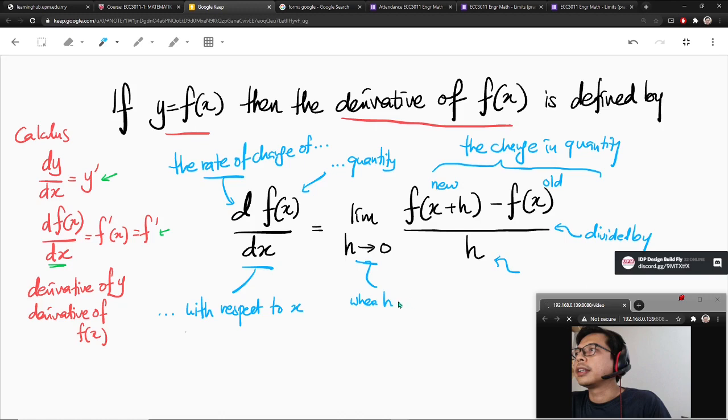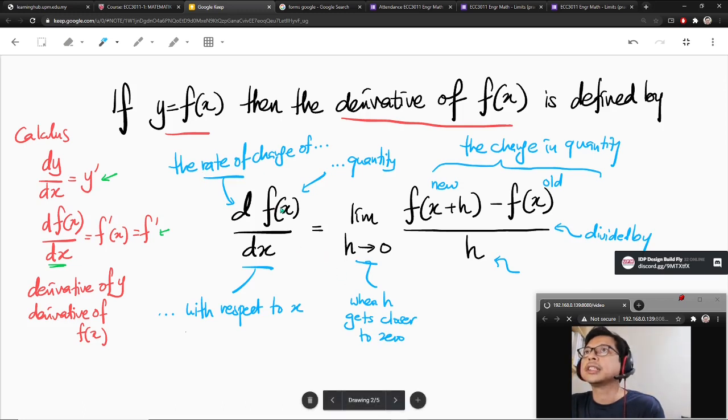when h gets closer to 0. The rate of change of f(x) with respect to x is equivalent to the limit of the change in quantity, new and old, divided by h, when h gets closer to 0.